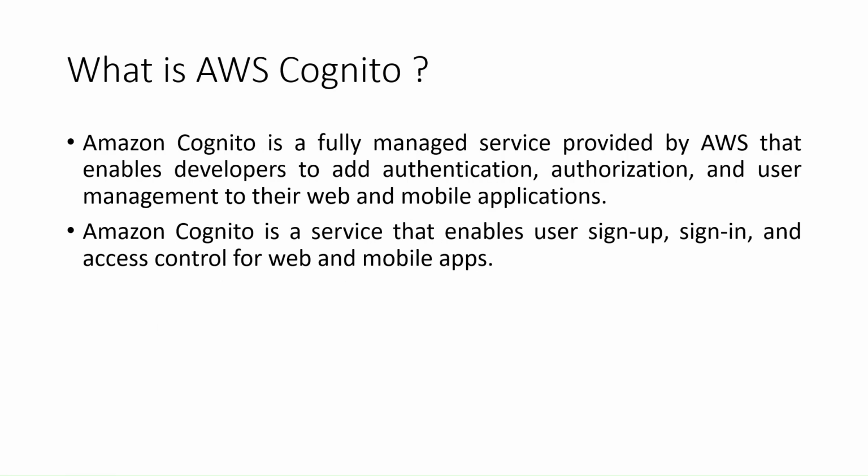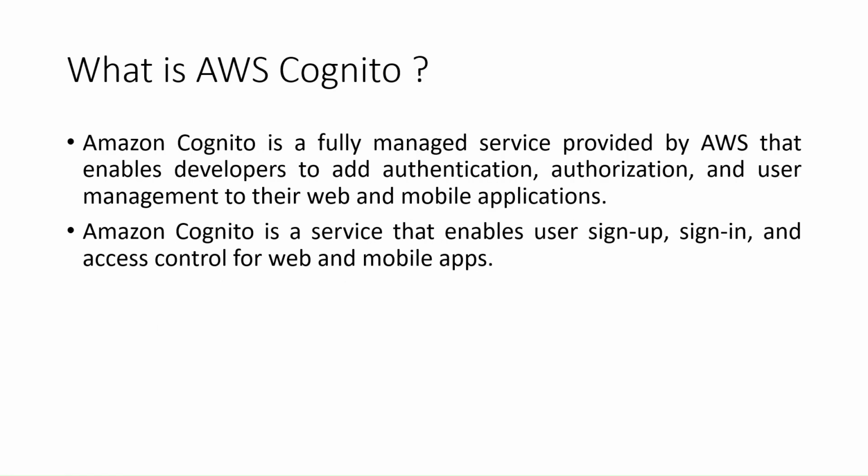AWS Cognito is a fully managed service provided by AWS that enables developers to add authentication, authorization, and user management to their web application or mobile application. It provides authentication and authorization features to the user, so it allows you to add user registration, sign up, sign in, and access control.